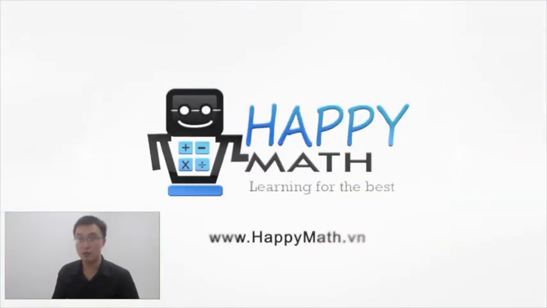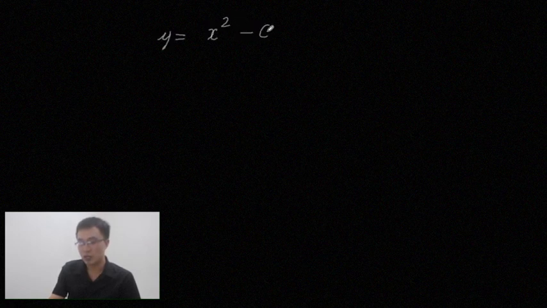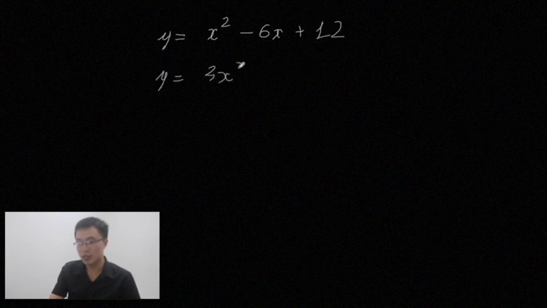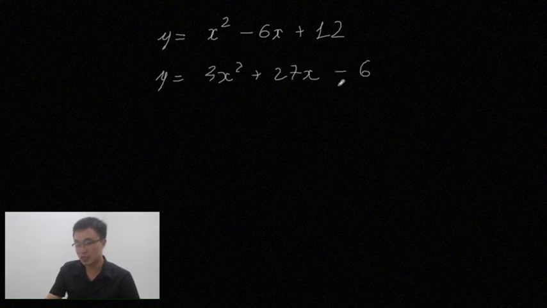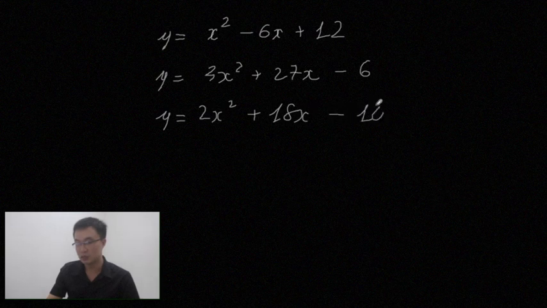Okay, that is the way I use completing the square to find the maximum or minimum point. And I hope you can understand this way, and here are exercises for yourself. For example, x squared minus 6x plus 12, or the second one is 3x squared plus 27x minus 6, or the third question is 2x squared plus 18x minus 10.